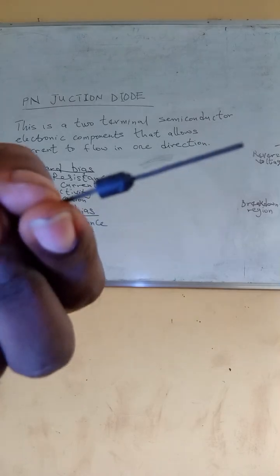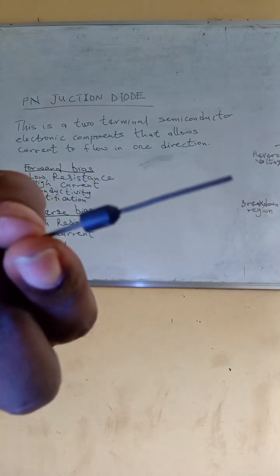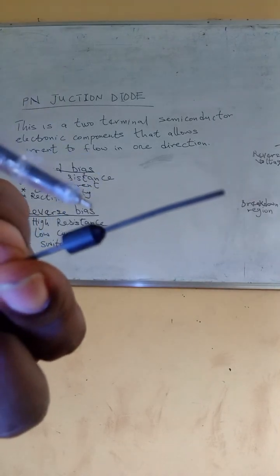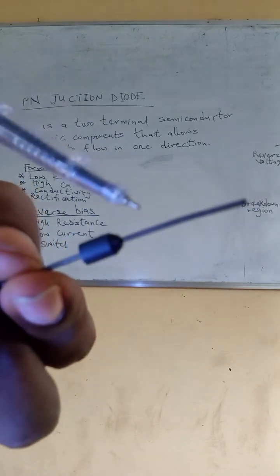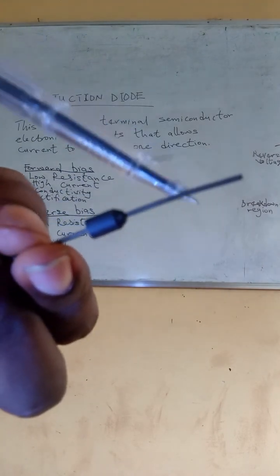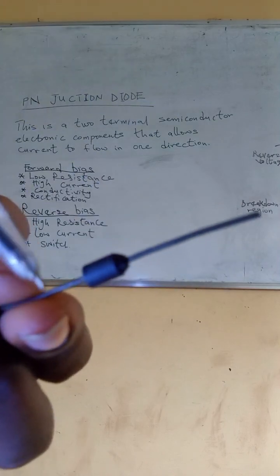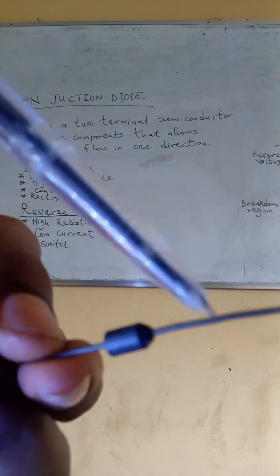The unmarked side is positive, because there are some PN diodes that are not marked, and they will just write C or K. Anywhere you see K or C, that side is negative, the cathode. It means this is the negative terminal, and this is the positive terminal. Even the one marked with a white strip, it's the same thing. This is the negative terminal, the cathode, and this is the anode, the positive.